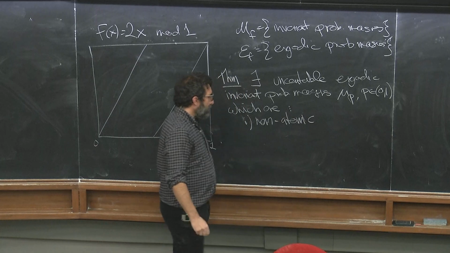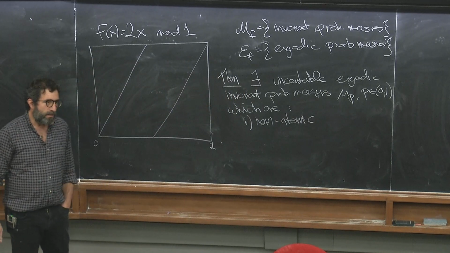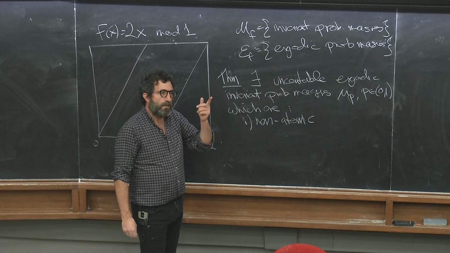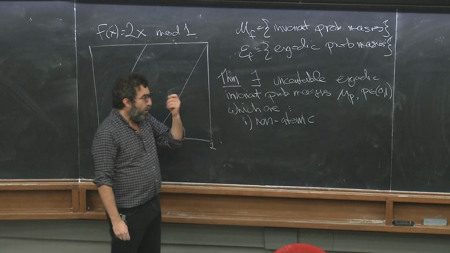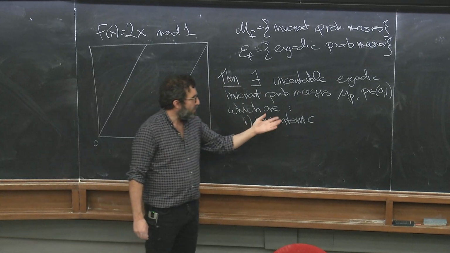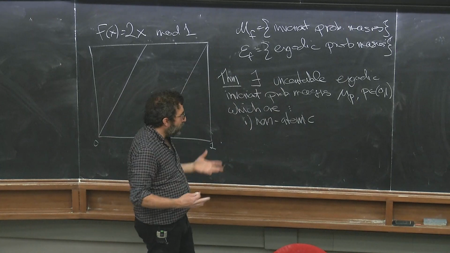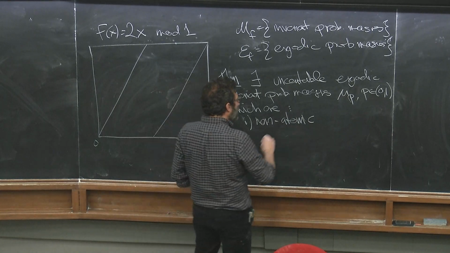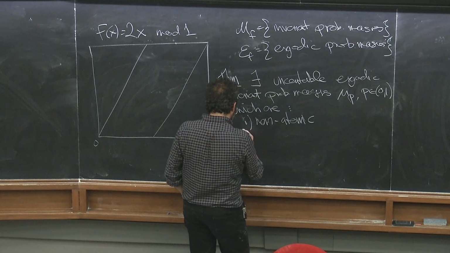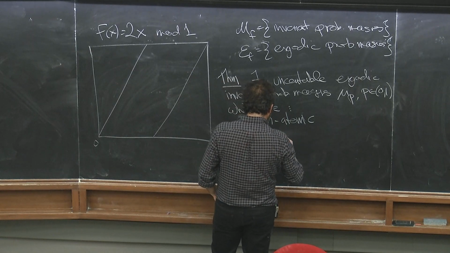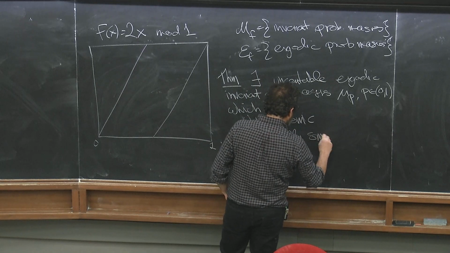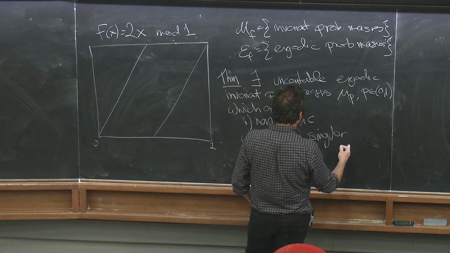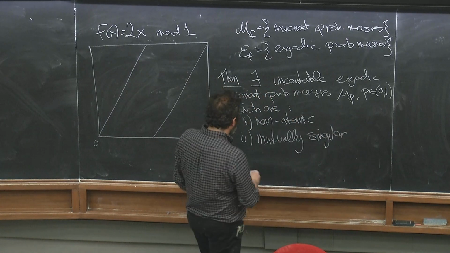Non-atomic means that there is no singleton that has positive measure, right? It's a measure like Lebesgue measure. Points have zero measure. So they're not Dirac deltas on periodic points, nor combinations of Dirac deltas. They don't give positive measure to any point, and they're all distinct. So they're all mutually singular. Mutually singular means they give full measure to different sets.